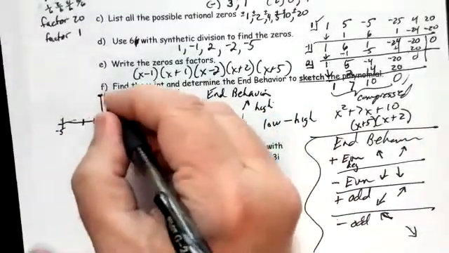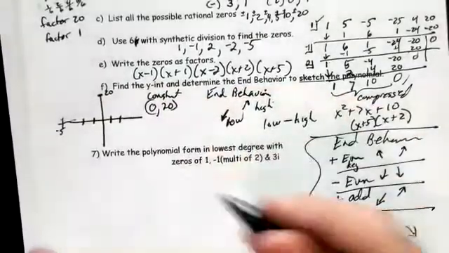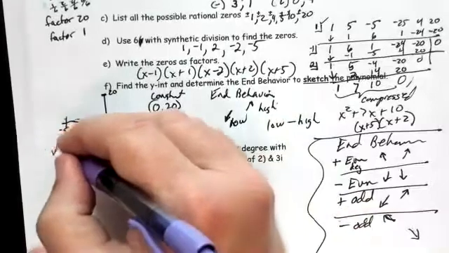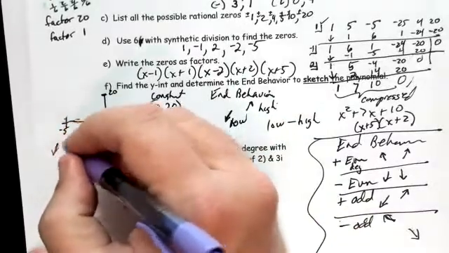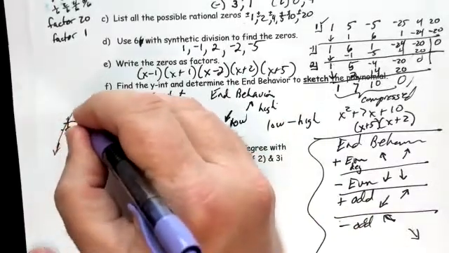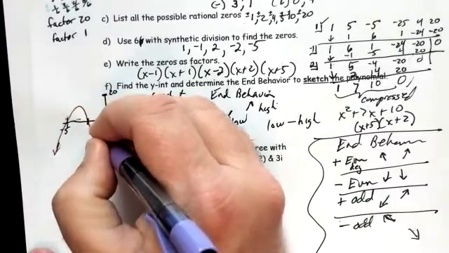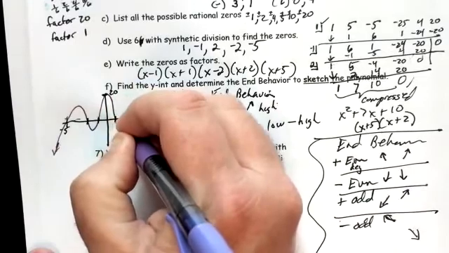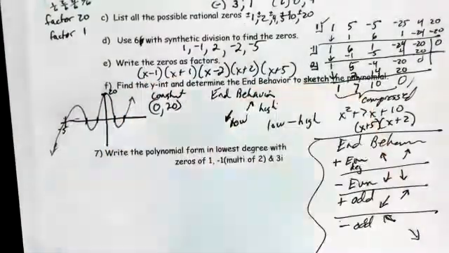And then way up here at 20 is my y-intercept. So starting low, and since they're all single roots, they're going to go through, come back around, come back around. It's got to go all the way up here, come back around, and you get something that looks like that. Again, there's no graphing per se on the test, but being able to recognize something will be helpful.